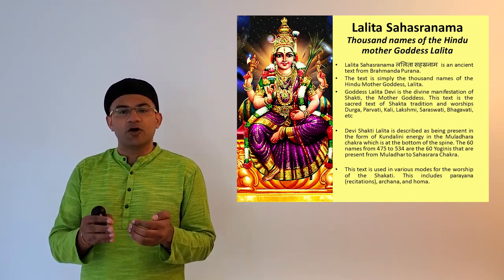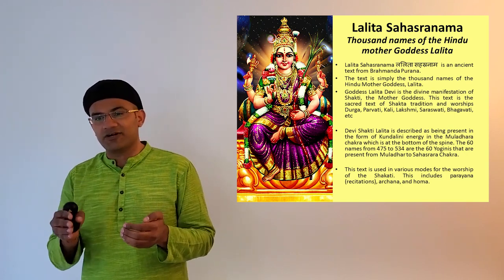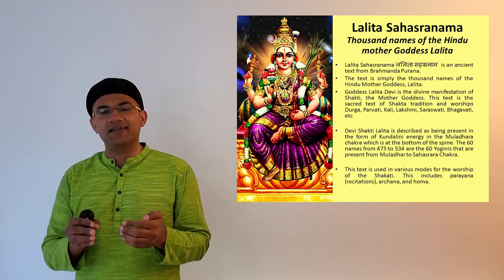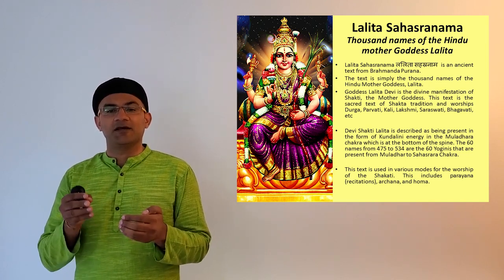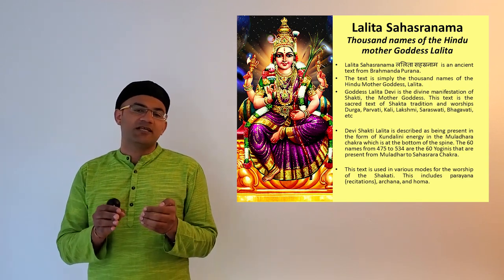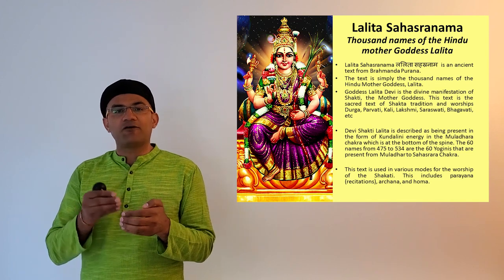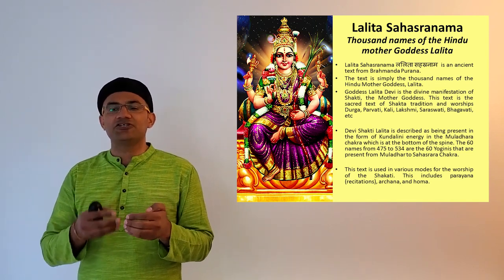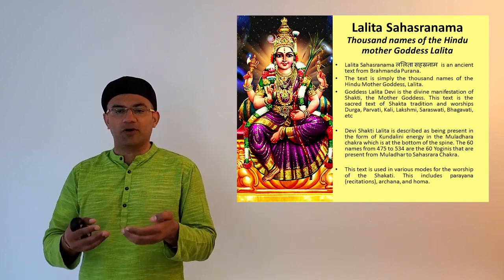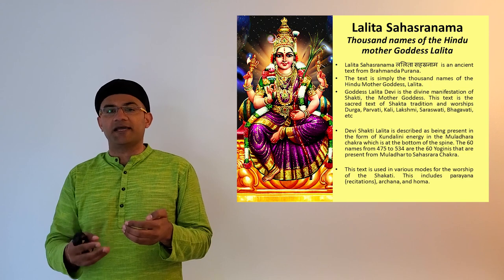This text is another sacred text of the Shakta tradition, worshipping Durga, Parvati, Kali, Lakshmi, Saraswati, and Bhagavati, and many more Devis. Devi Shakti Lalita is described as being present in the form of Kundalini energy in the Muladhara chakra, which is the bottom chakra in the Kundalini yoga system, at the bottom of the spine.